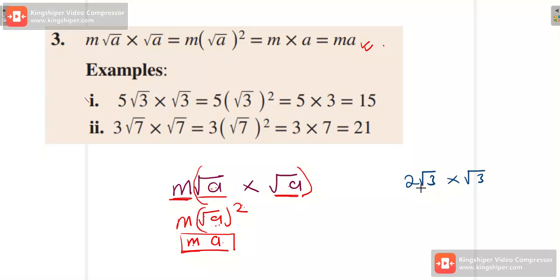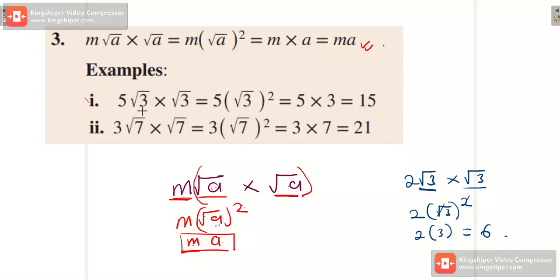Here we multiply the two square roots, which is root of 3 and root of 3. So we have root of 3 all squared. Then the square root cancels the square, and we are left with 2 times 3. That will give us 6.